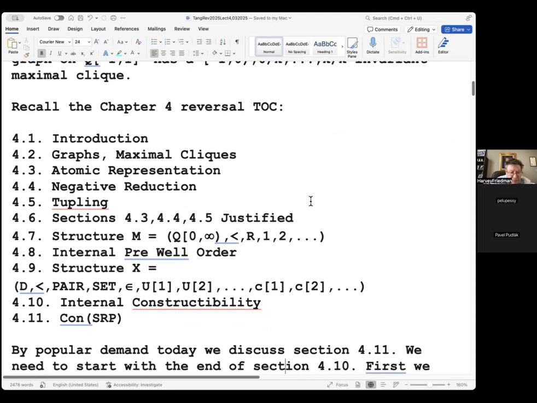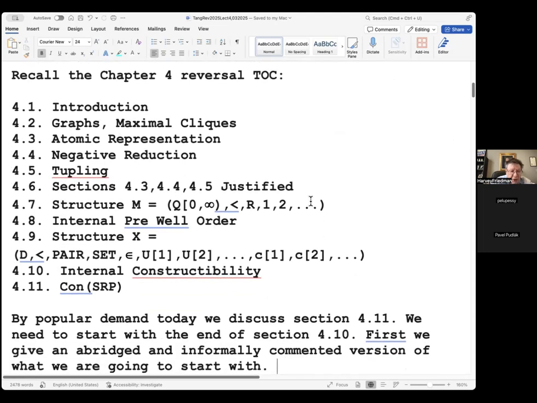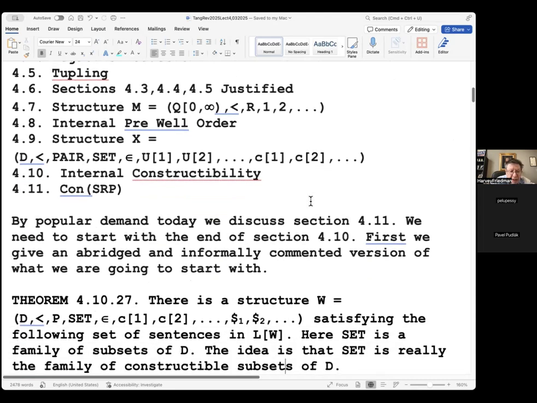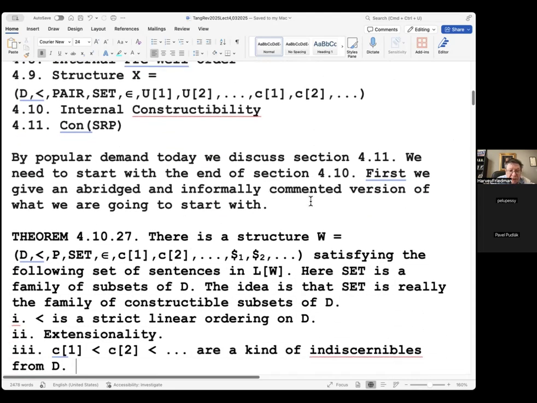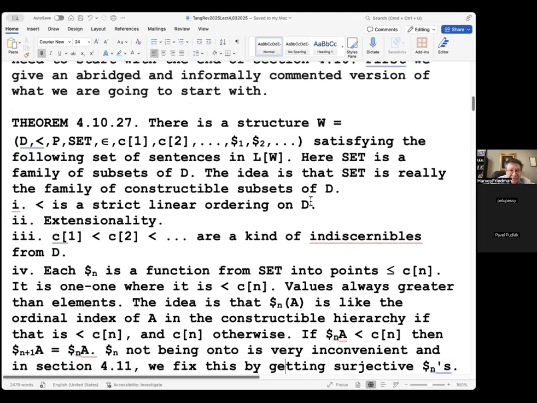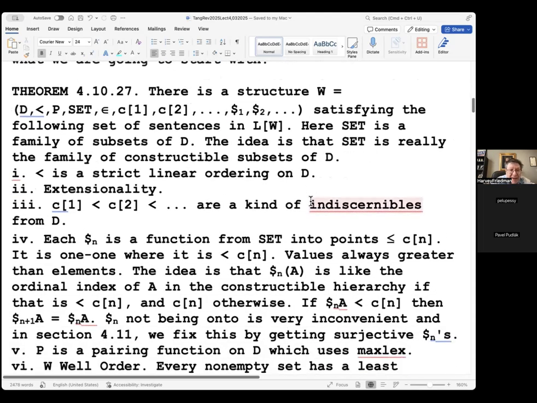Today we're going to talk about 411, how that goes, with a reasonable amount of detail. Section 11 starts off with the end of section 10.